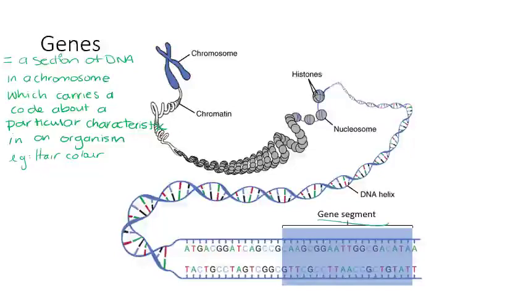Now, scientists or geneticists think that there are about 25,000 genes on the chromosomes in each human cell. So let's talk about this chromosome quickly. Let's get a blue pen out. Now, this chromosome is found, you should already know this, in the nucleus.